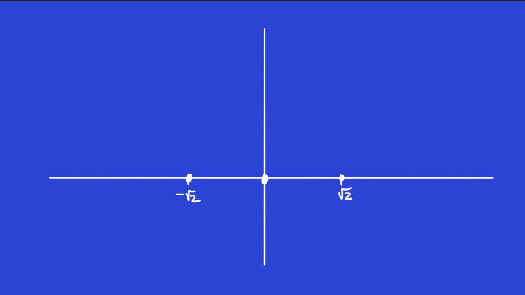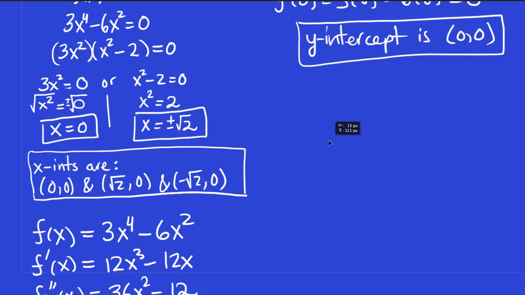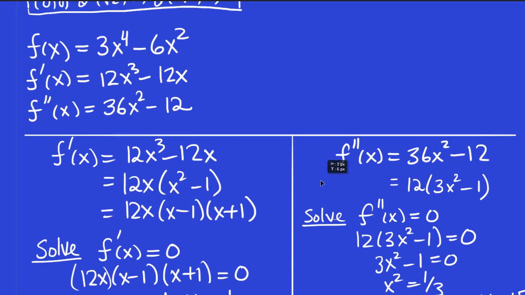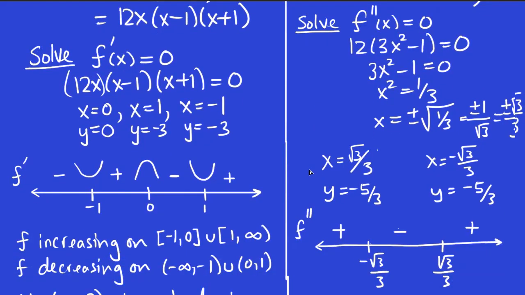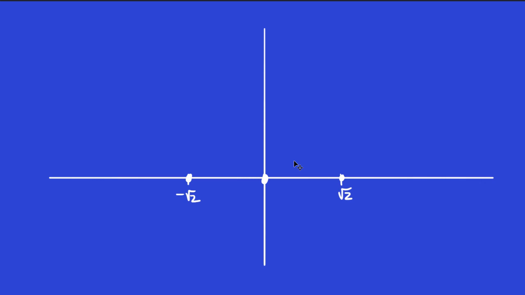What else do we know? Let's look at our local maxes and mins. Negative 1, negative 3. That's an important point for us. Negative 1 would be somewhere around here maybe. Negative 1, negative 2, negative 3.